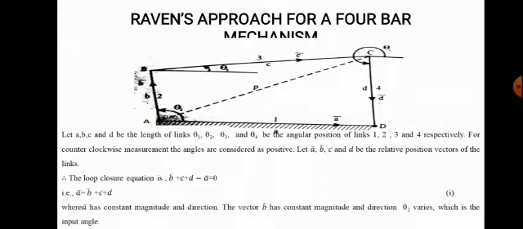The loop closure equation is vector B plus vector C plus vector D minus vector A is equal to 0. That is the first equation. It is nothing but vector A is equal to vector B plus vector C plus vector D, where vector A has a constant magnitude and direction. The vector B has a constant magnitude and direction.